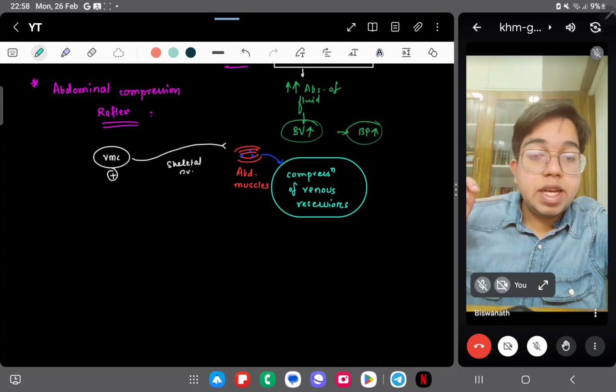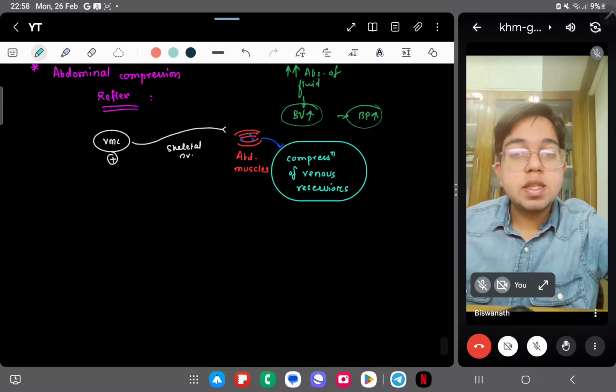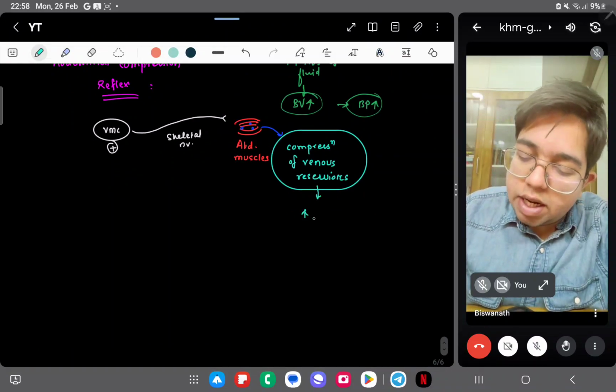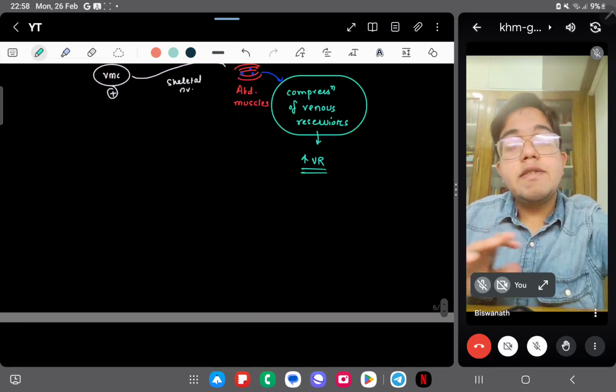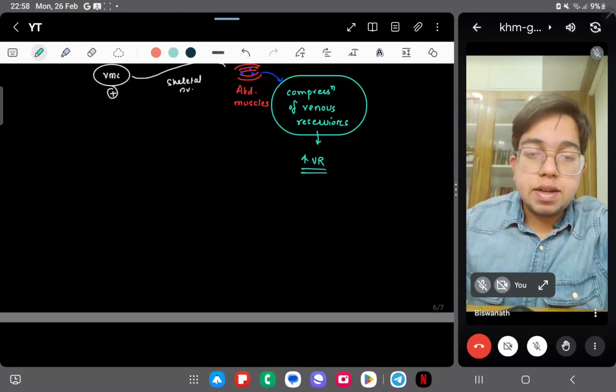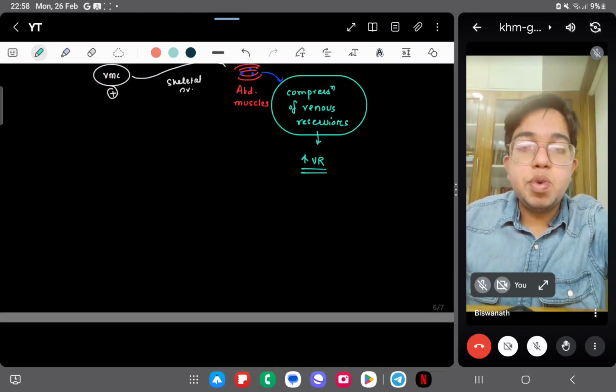If these venous reservoirs are compressed, it will increase the venous return. Of course, the return will be more, right?